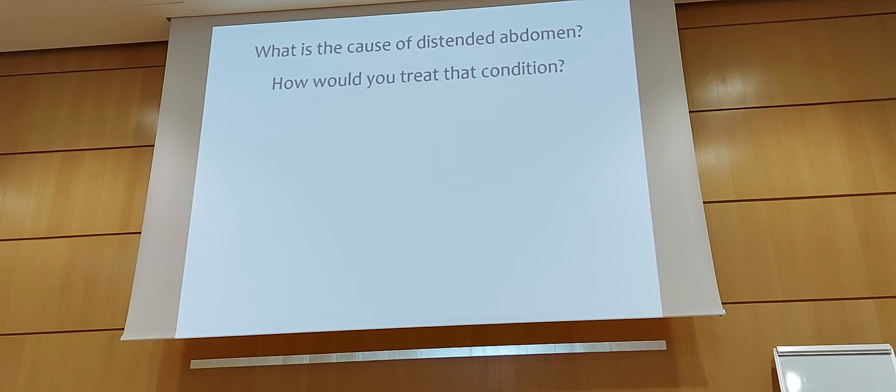So first choice is spironolactone. But if there's a lot of fluid in the body, if somebody is hospitalized and you want to get rid of the fluid quickly, then you can add furosemide to spironolactone. But you don't send them home on the combination therapy. Just to get rid of the fluid quickly, you can put them on furosemide and spironolactone, but then you go back to monotherapy with spironolactone. That's to get rid of the fluid from the body.